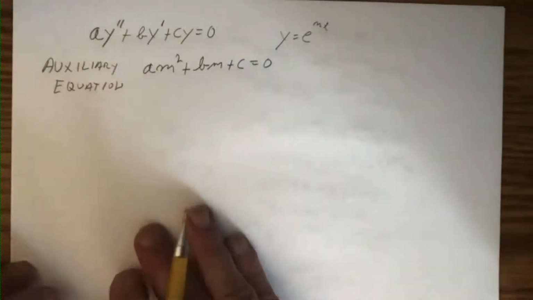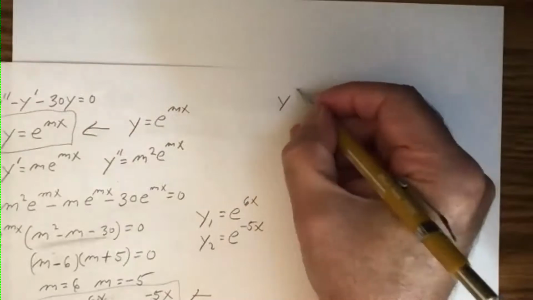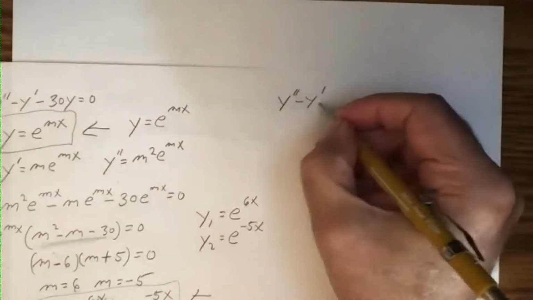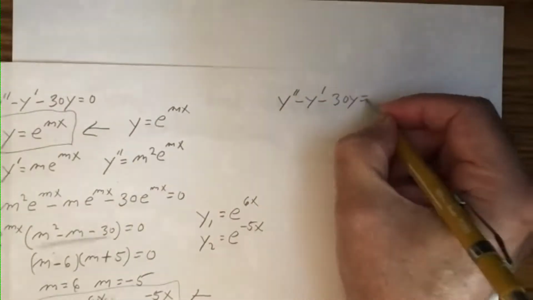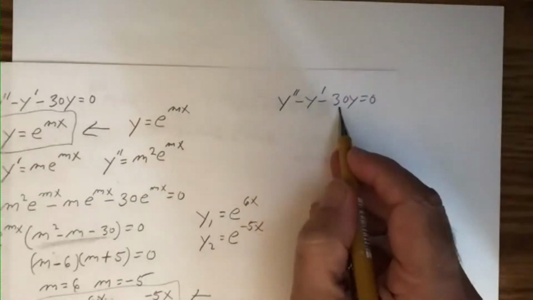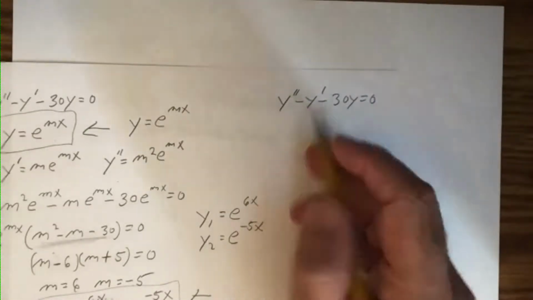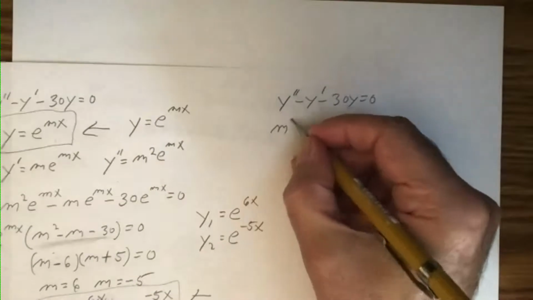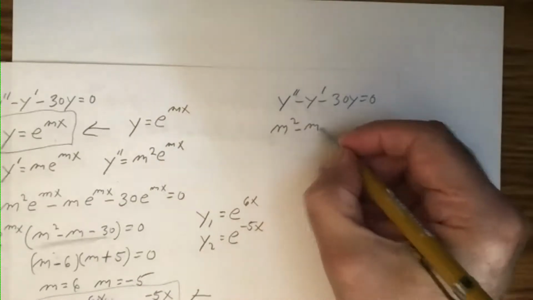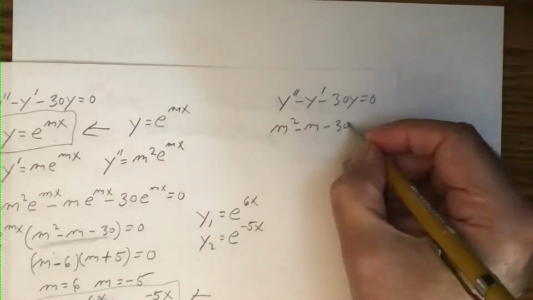If I go back to this original problem here, I can immediately write down the auxiliary equation. The auxiliary equation here is going to be m squared minus m minus 30 is equal to 0.